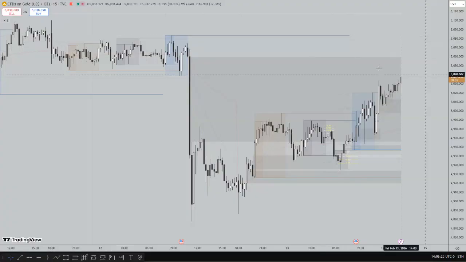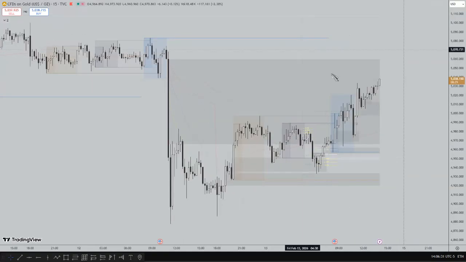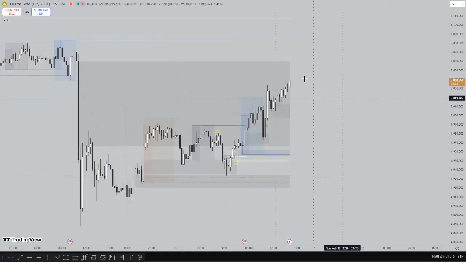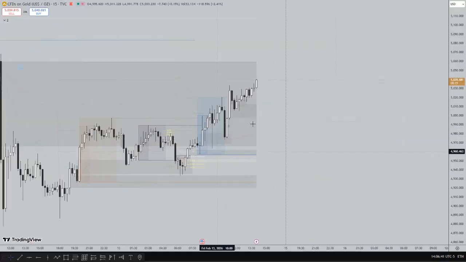If we can keep pushing and inverse this big imbalance here, then we're probably going to tap this, you know what I'm saying? If we break above this, pull back, hold some type of support and keep pushing, or we could sweep this, come back down, maybe sweep these lows, that's just what we would look for as we continue to move with the market.